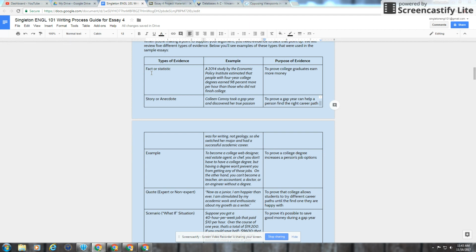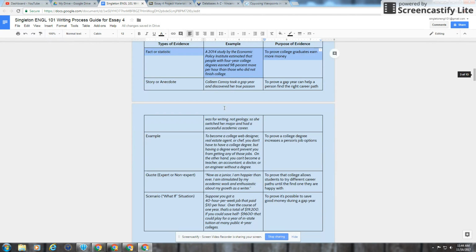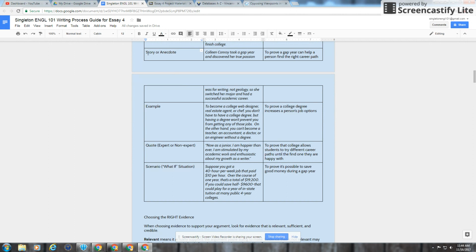The purpose of that evidence would be to prove that college graduates earn more money, and by using a fact or a statistic from a reputable study or a reputable source, that's something that may be used to convince audience that our opinion is worth believing. You can find facts or statistics here, that first type of evidence, again, in sources that you've searched for on the library database. The second would be a story or an anecdote.